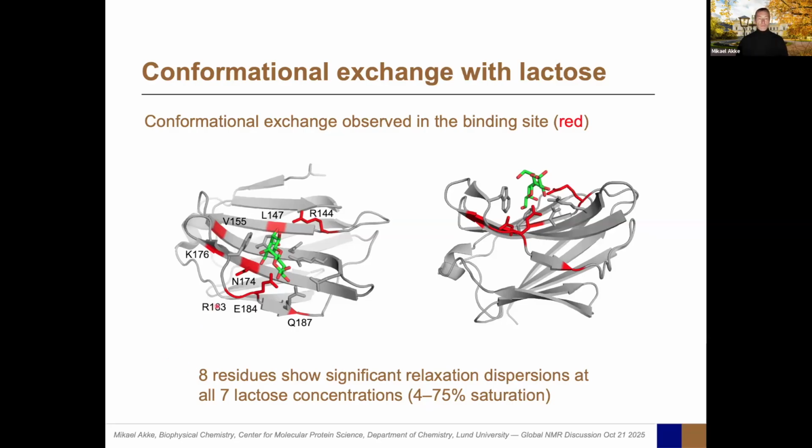So there is some overlap, some shifting around, and to make sure we use the same data, the same residue, so to speak, at each concentration of lactose in the final fitting, we only settled for these 8 residues. And you can see it's kind of similar. In some cases, it's exactly the same as what we had in the apo state.